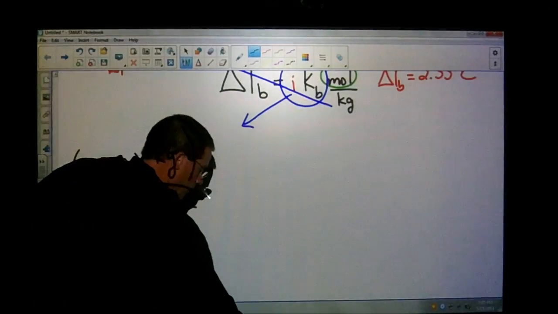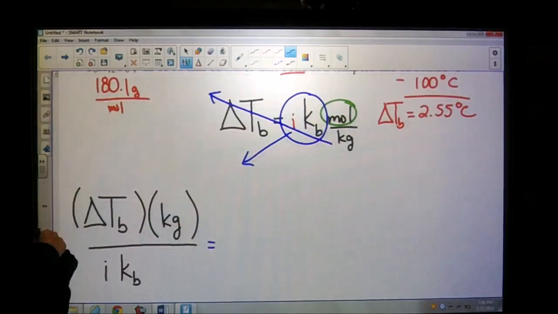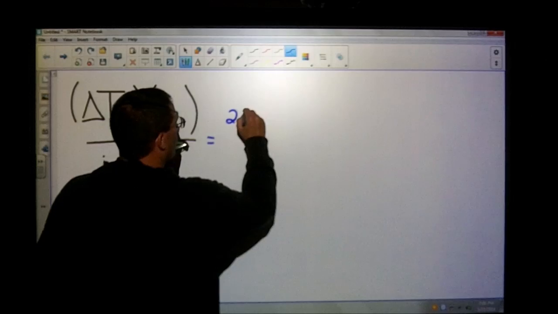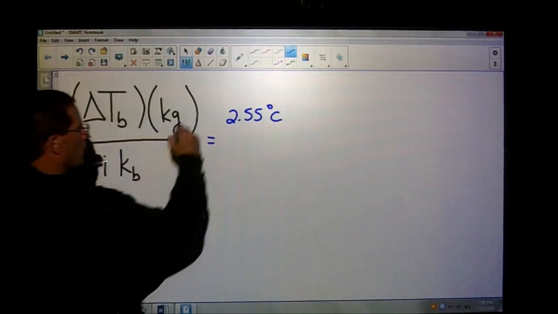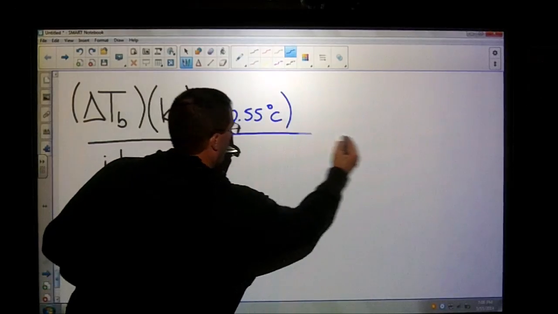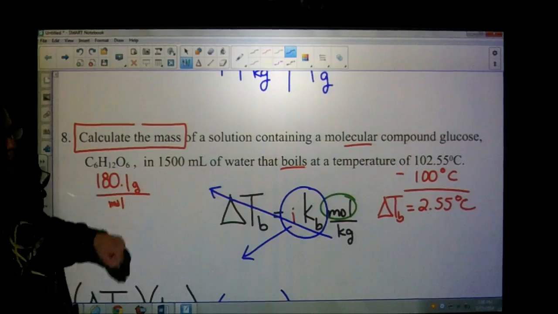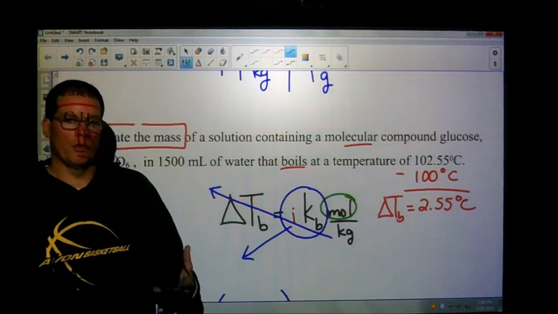So we know that our delta T sub B was what? 2.55. So let's get that going. 2.55, and that's degrees Celsius. That's what delta T sub B stands for. The kilograms. We have 1,500 milliliters. Remember that there are 1,000 grams or 1,000 milliliters in a kilogram.